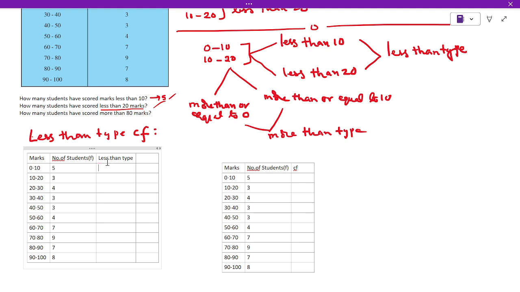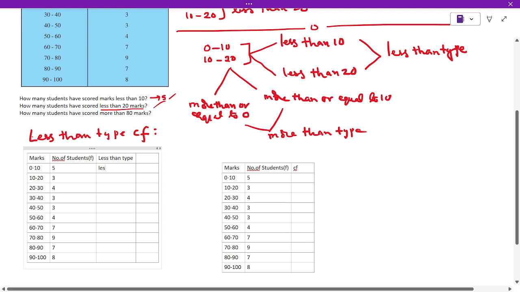What is the meaning of that? This is the class interval 0 to 10. I'm just writing it the way I wanted to visualize and understand, in that language.